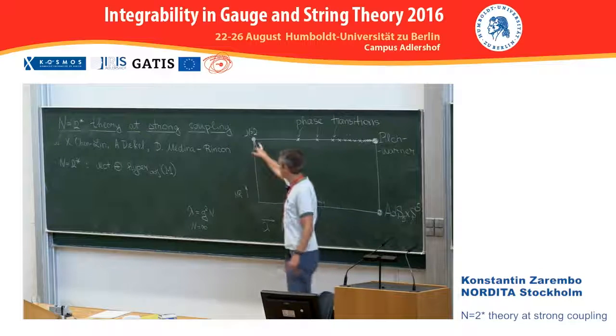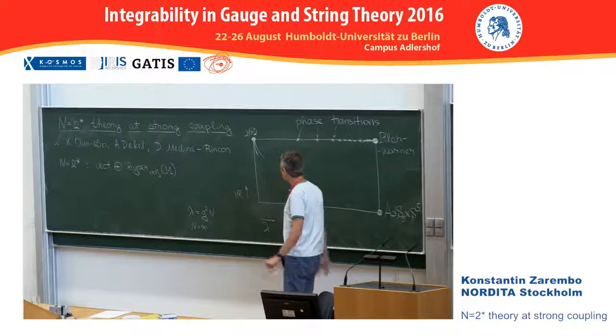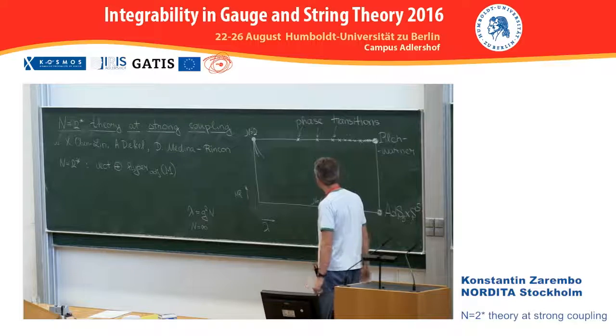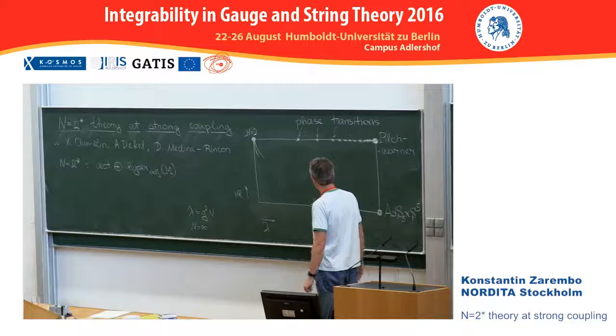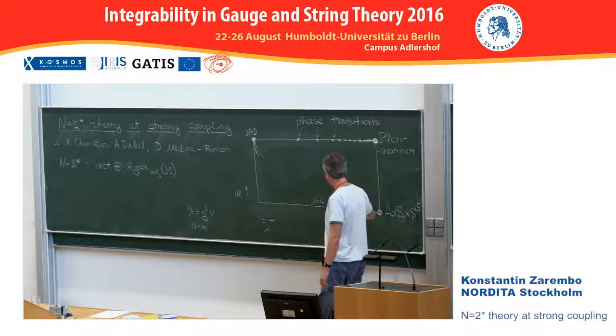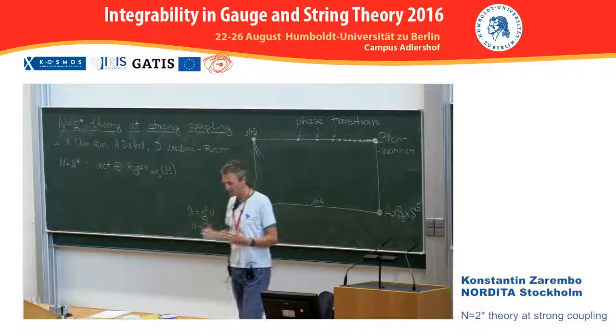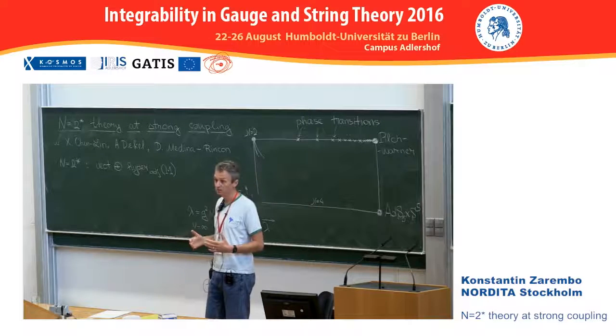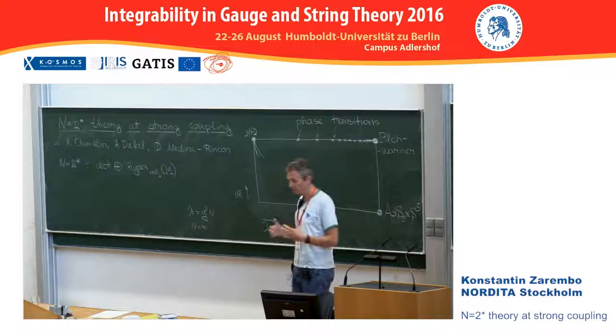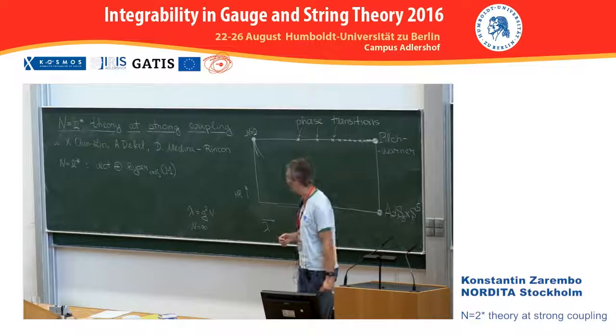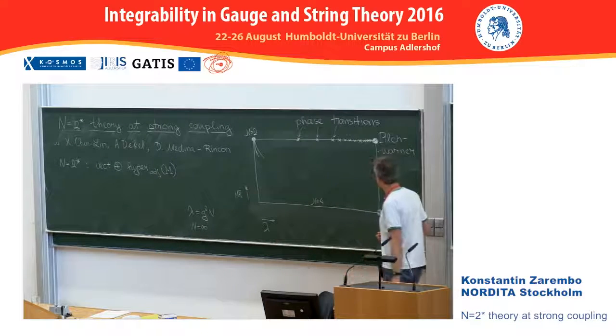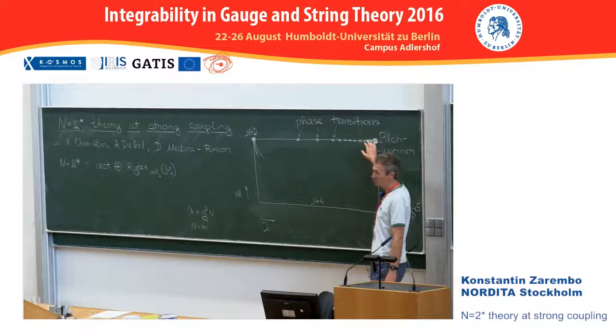So this corner is described by N=2 theory. If you do the same at arbitrary coupling, it turns out that we can end up in a different phase. So the theory possesses a non-trivial phase structure in the infrared when we take the compactification radius to infinity. And moreover, these phase transitions accumulate to strong coupling.